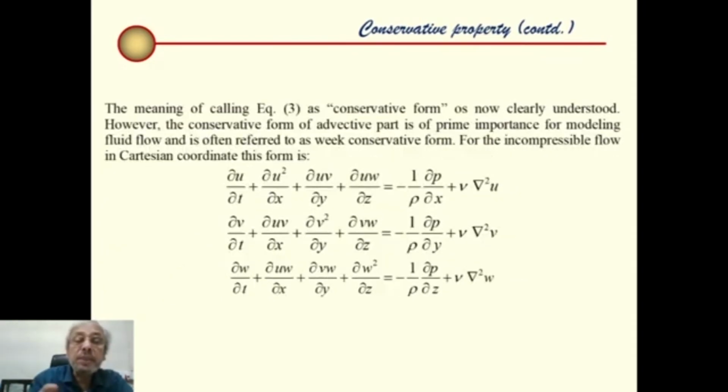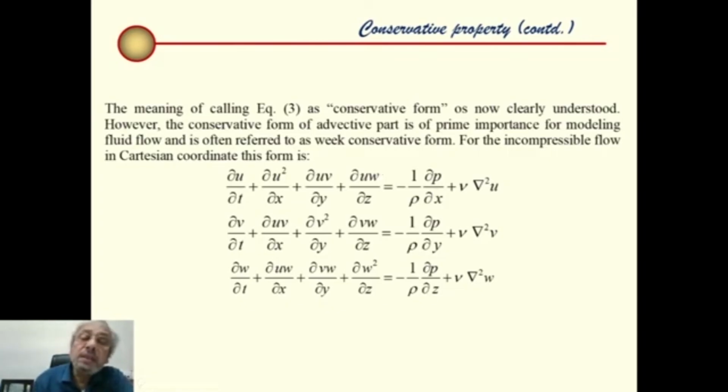But as I mentioned earlier, weak conservative form, that means writing convective derivatives or advection terms in conservative form, is often very, very helpful. And in almost all the well-known algorithms, it is done this way.